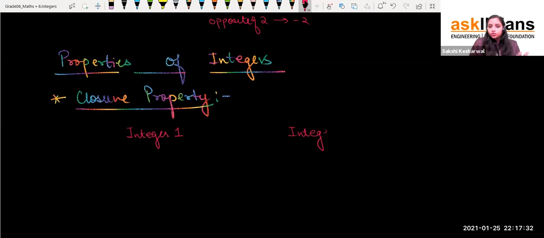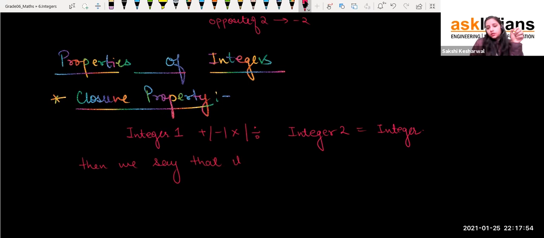If you apply a mathematical operation like addition, subtraction, multiplication or division, and the answer is an integer, then we say that it is closed under that mathematical operation.